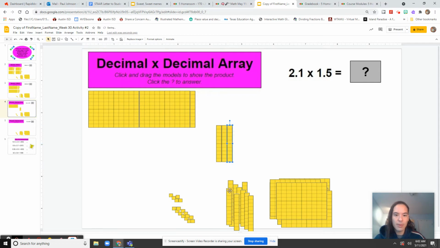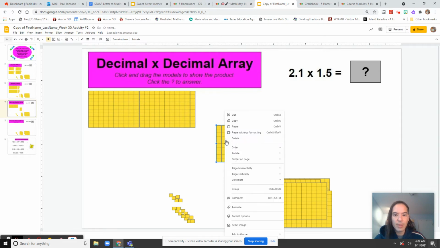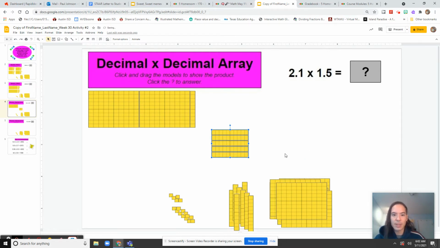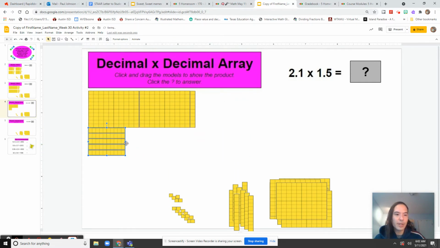I need 3, 4, 5. But I don't know how to rotate them. Okay, let's see. Flip them. Rotate clockwise 90 degrees. Okay, there we go. Oh, that's not going to look right. Oh, I can stretch it out.